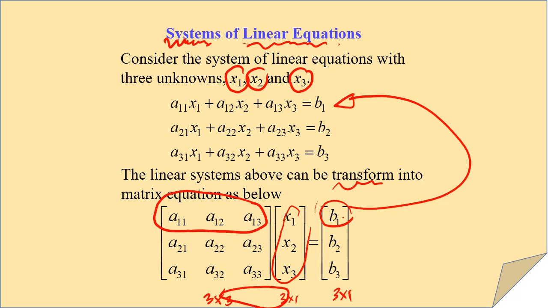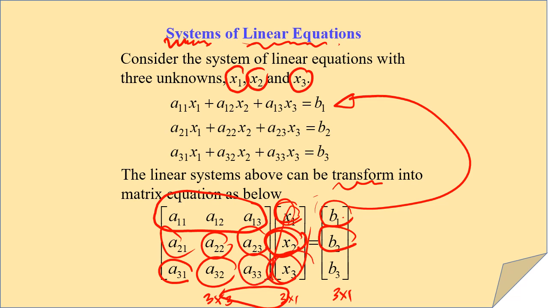A21 multiplied by X1, A22 multiplied by X2 plus A23 multiplied by X3 will be equal to B2. A31 multiplied by X1 plus A32 multiplied by X2 plus A33 multiplied by X3 equal to B3, which is equal to the third equation.